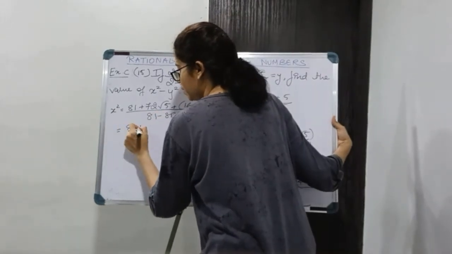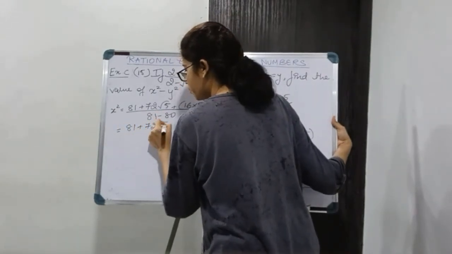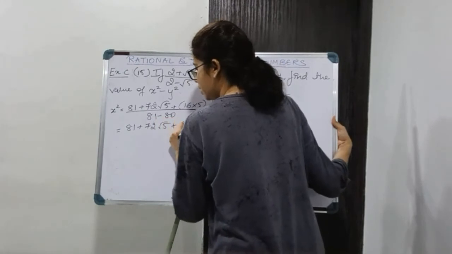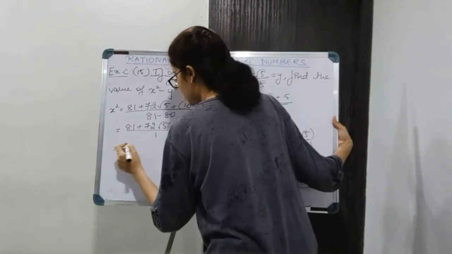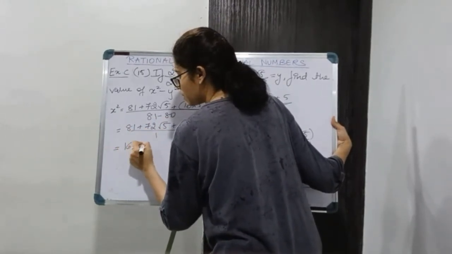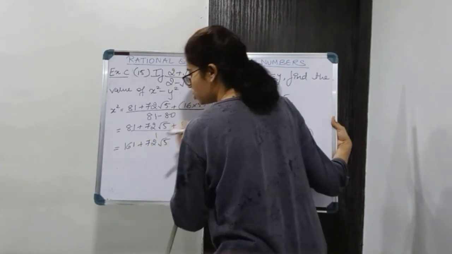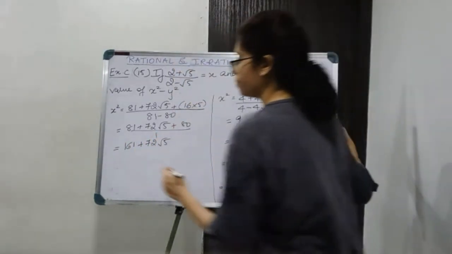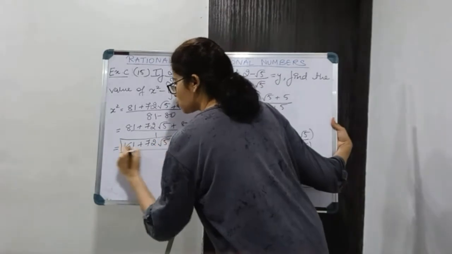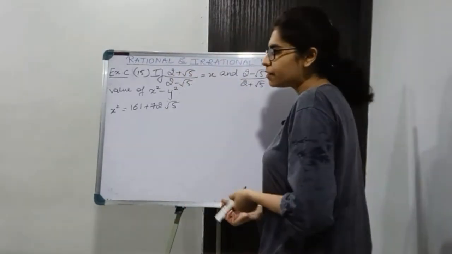So this is 81 plus 72 root 5 plus 80 upon 1. So it is 161 plus 72 root 5. So this is rationalized. We have got the value of x square.